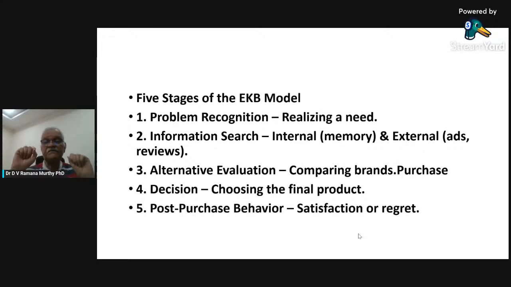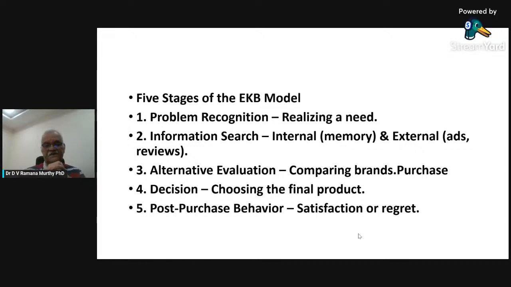This is called problem recognition. If you want to buy a television, let's say we want a theatrical viewing experience at home, or you want to have a mobile, you have your own assumed needs. What is the need for you to have a mobile or laptop? So first of all is realizing a need. You must have a felt need in your mind.